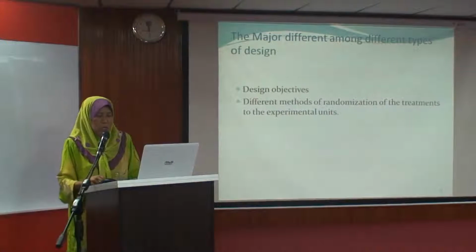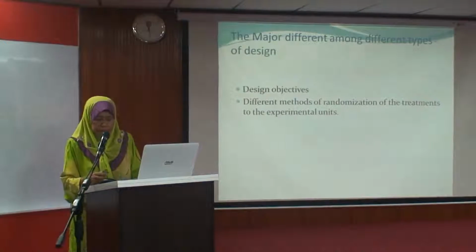You do it separately for each block: second block, third block, and so on. But for the completely randomized design, you do it at one time, meaning that the treatments are assigned at random to all of the experimental units. Okay, now we look at an example.